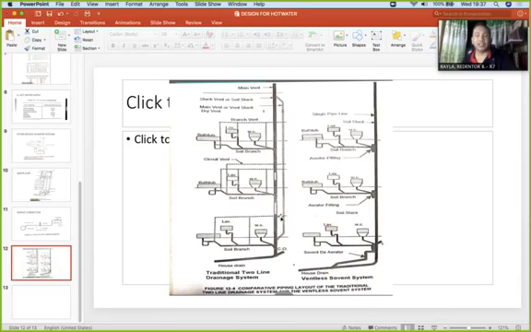So this is another thing. We have the traditional two-line drainage system, the main vent and the stack vent.